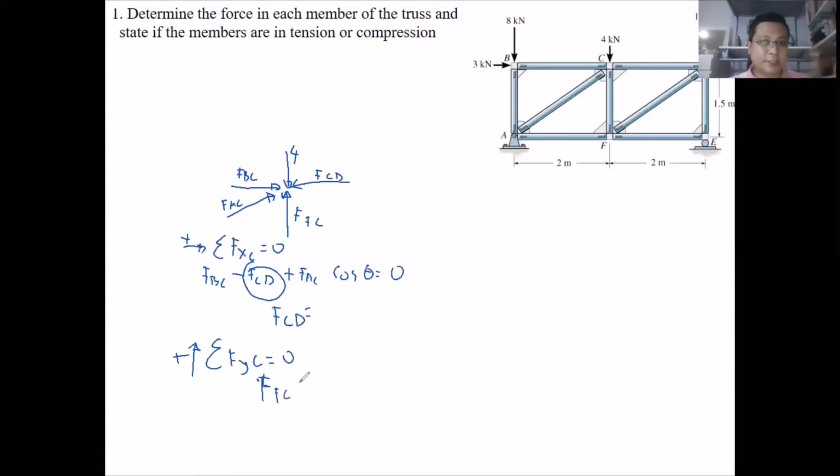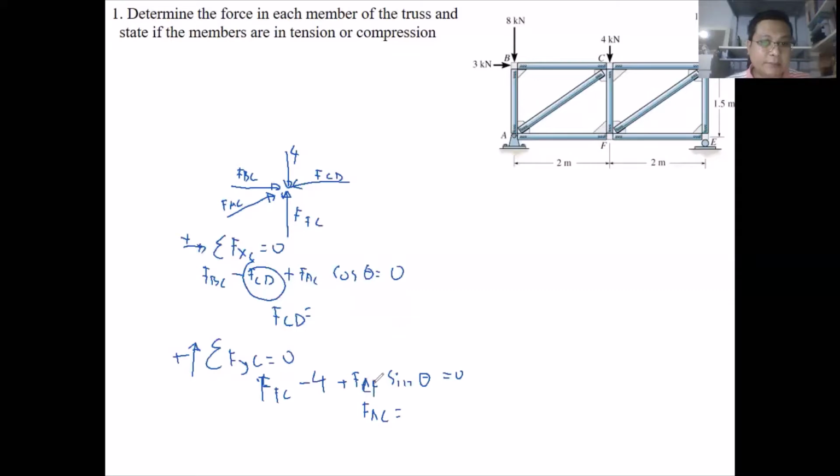FC and negative 4, and then also positive FBC sin theta, and then equal to 0. Then we can find the FCF.